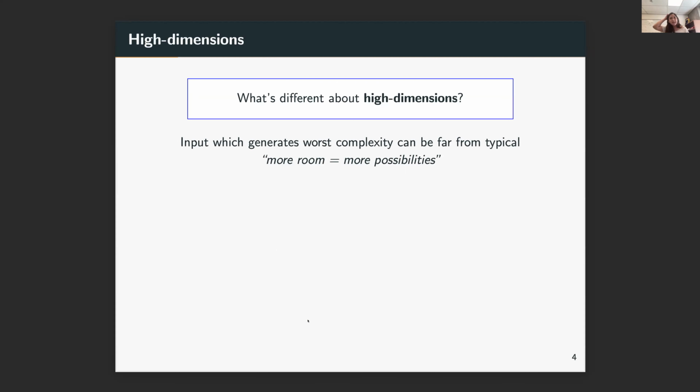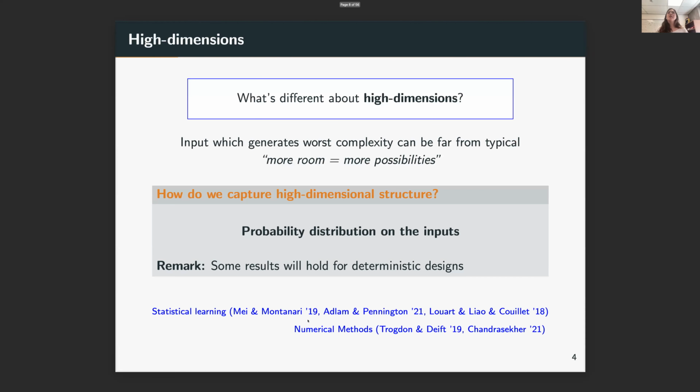So what makes high dimensions different? The simplest answer is that the more room you have, the more possibilities for your input. So an input which generates the worst case complexity can be really, really far from typical. And you might then say, well, if we want to make this assumption of high dimensionality, how do we actually capture high dimensional structure in our problems?